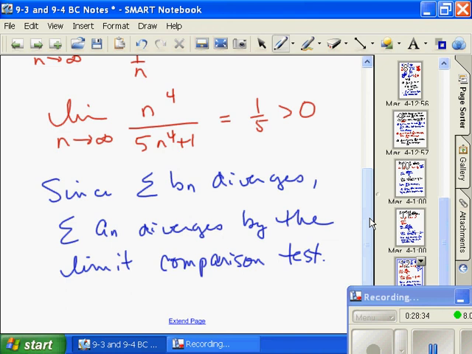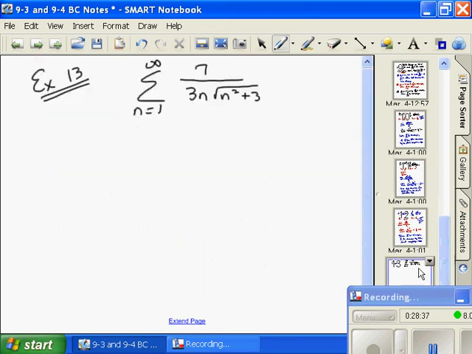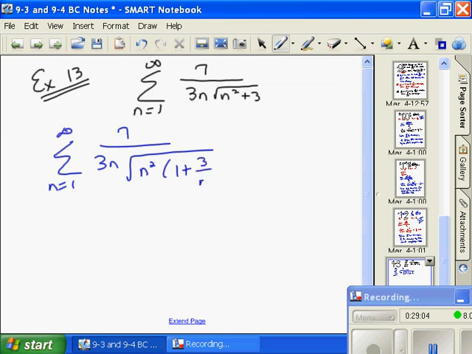Alrighty. Now this last one's a little bit different. We haven't done one of these for a while, so this is a good one to do together. I'm going to fix it a little bit before I pick out a b sub n. I'm going to rewrite this as 7 over 3n. In the square root, I'm going to factor out an n squared, so I get 1 plus 3 over n squared inside that square root.